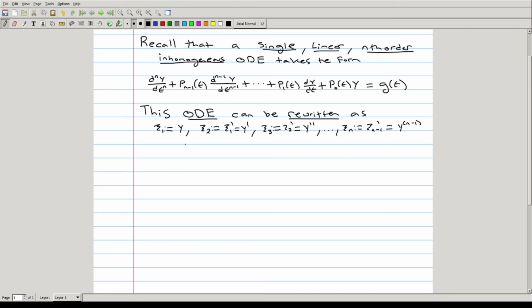So we have then that xi prime is the vector xi1 prime, xi2 prime, all the way down to xi n minus 1 prime and xi n prime, because xi is the vector function xi1 to xi n.